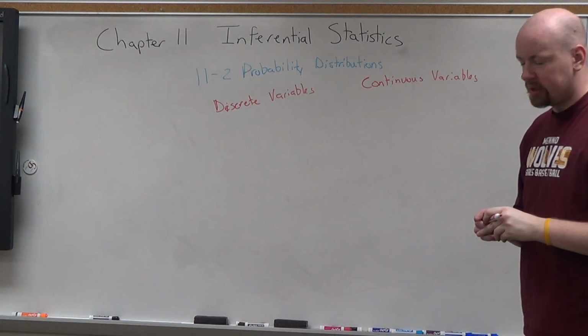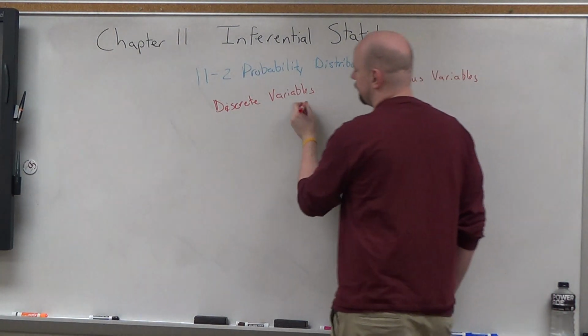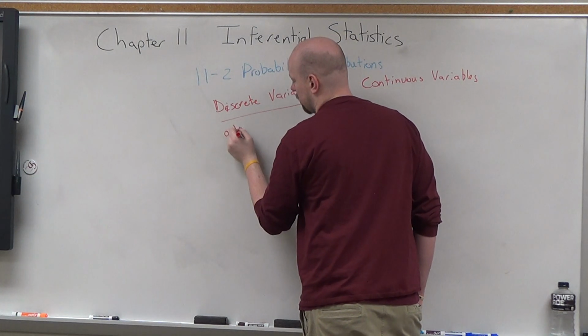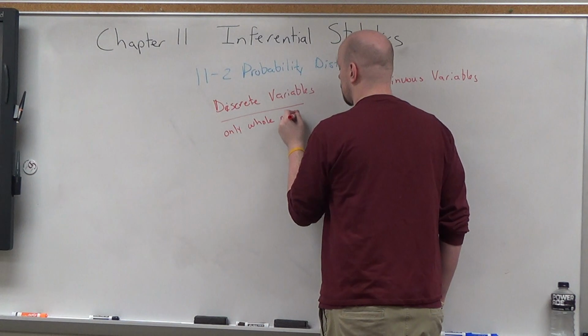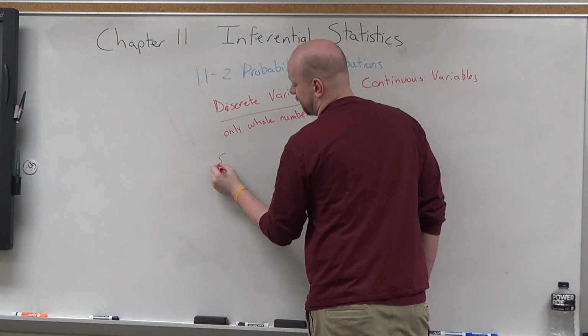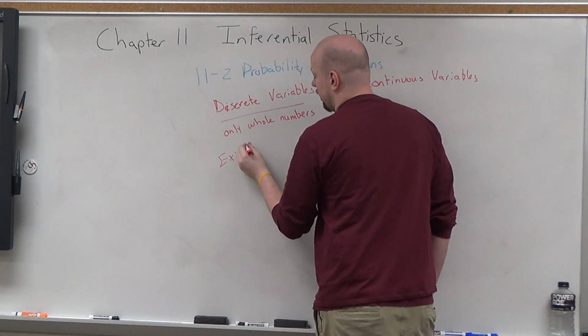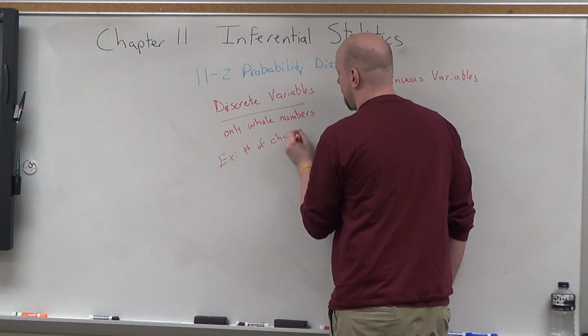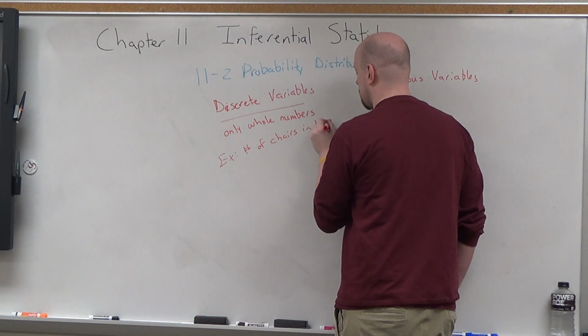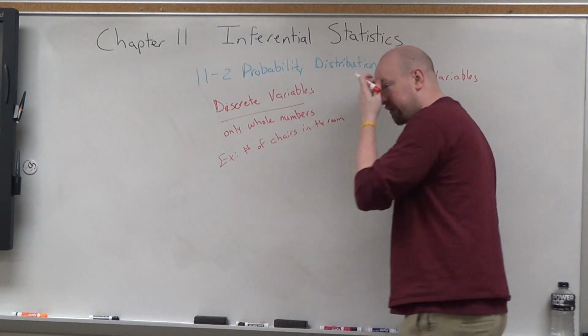Discrete variables can only be whole numbers. For example, number of chairs in the room. You can't have half a chair.